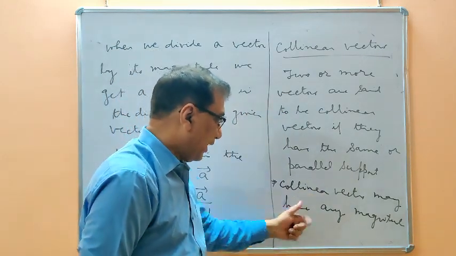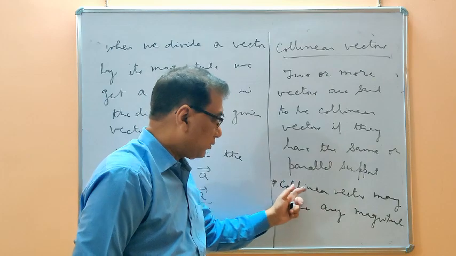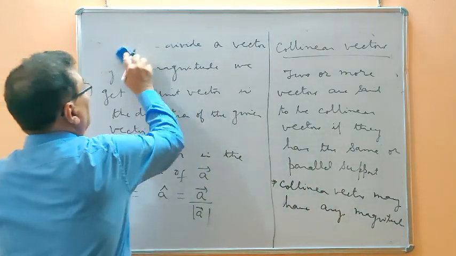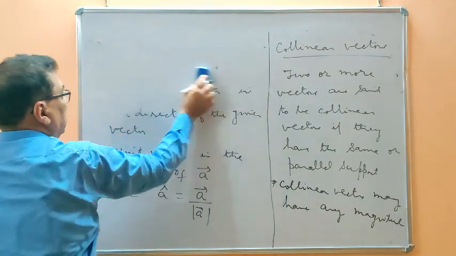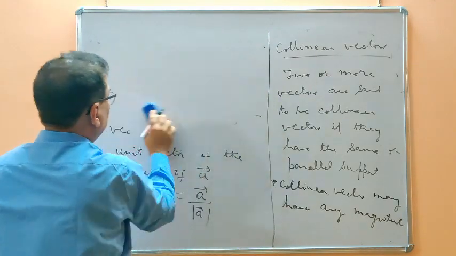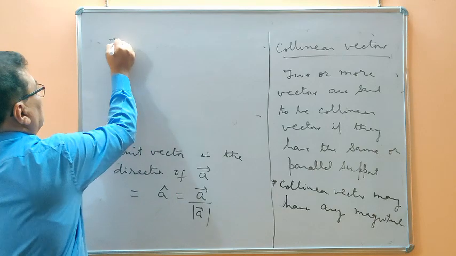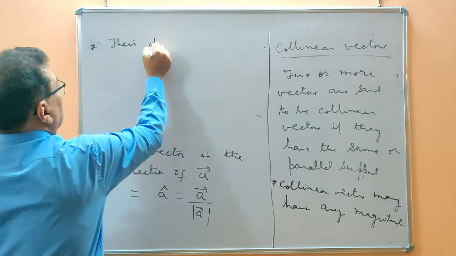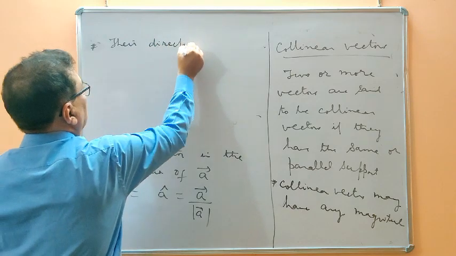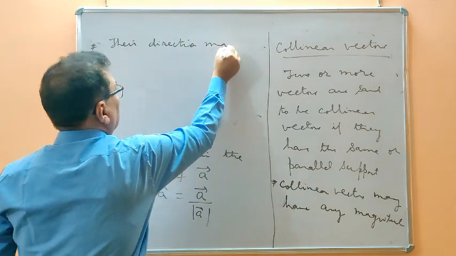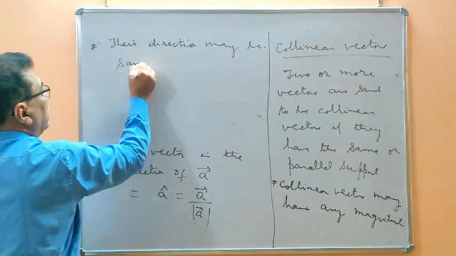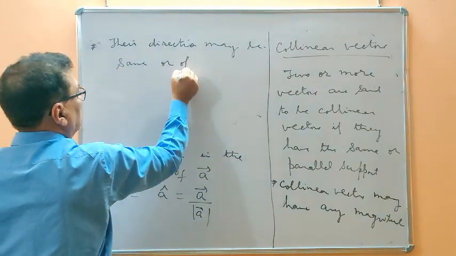So in terms of support we have discussed here. Again, in terms of magnitude, I've just written here that collinear vectors may have any magnitude, and third, their direction. Their direction may be same or opposite.